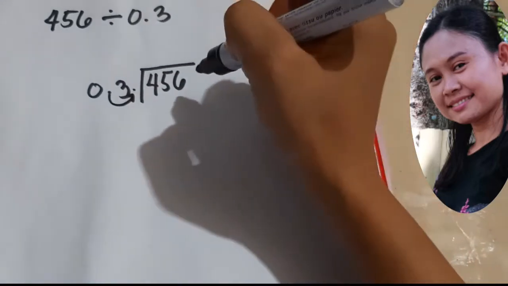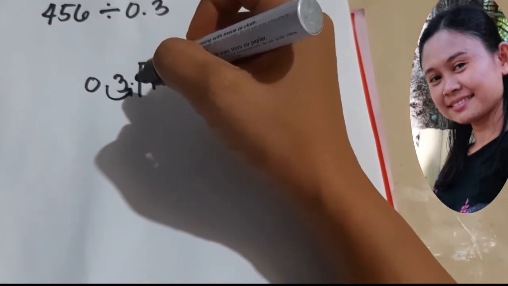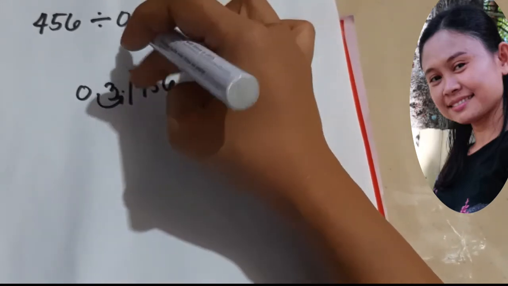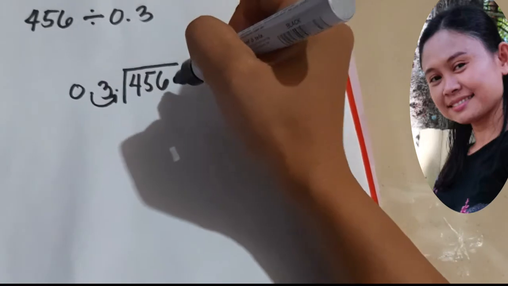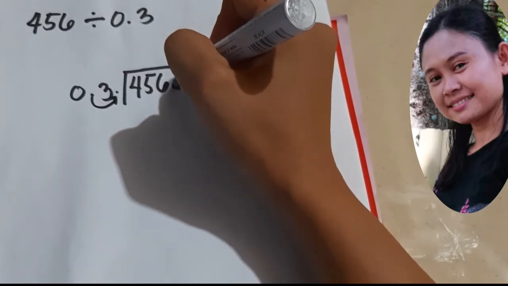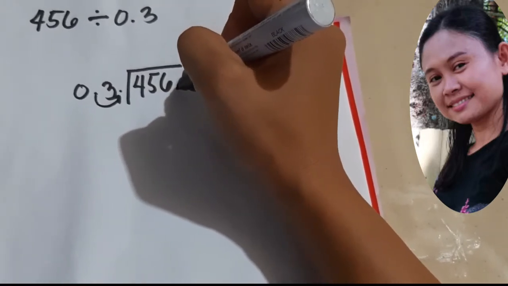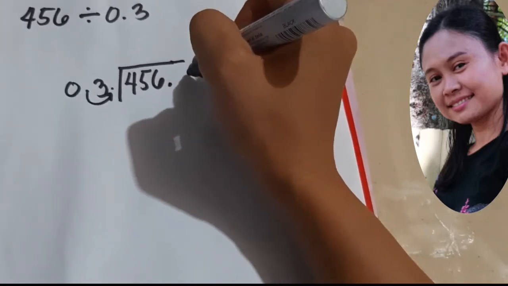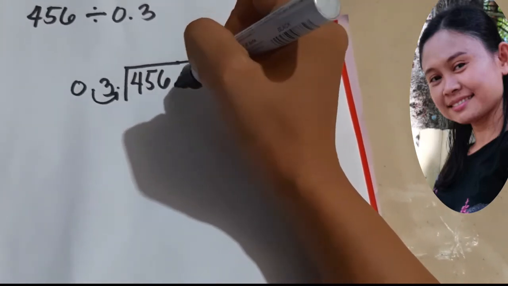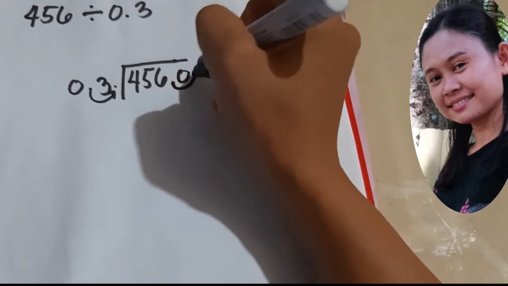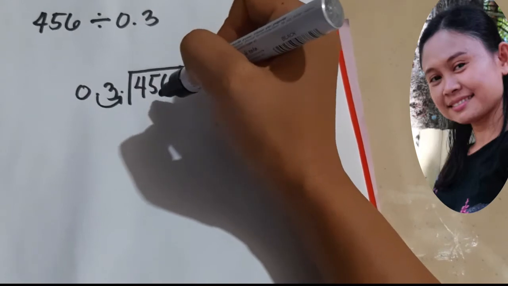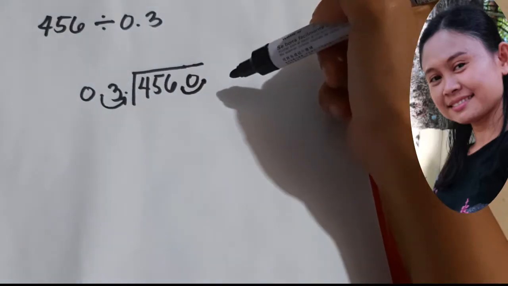And since you're moving to the right, you also move the decimal of the inside number, the dividend, to the right. Since it has no digit here, we have to add 0 and then move the decimal. So now, instead of 456, it is now 4,560.